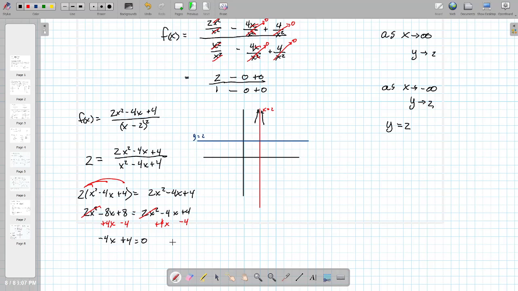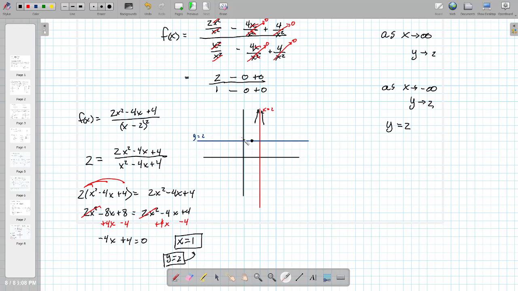So add our 4x and divide by 4, and we get x is equal to 1. What this is saying is y is equal to 2 when x is equal to 1. So at x equals 1, we know we are touching this line. Not only that, it's the only place where we cross this line.